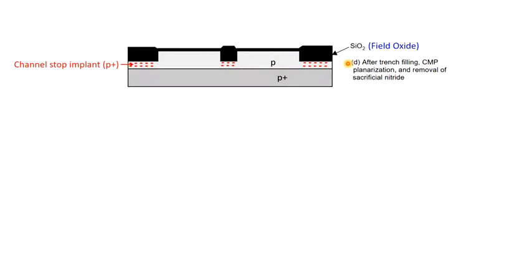From this figure you can also see that after CMP we have removed the sacrificial nitride layer, right. You remember in the last slide there was a nitride layer here, there is a nitride layer here that we have removed. So using this process, so far we are able to isolate adjacent devices, right.